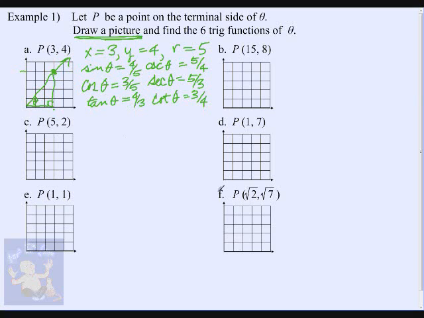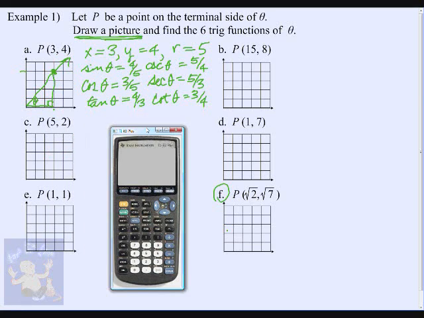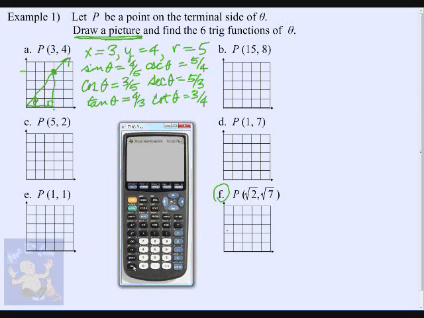Let's go down to f. The square root of 2. Now if I'm going to graph this, I kind of need to know what the square root of 2 is in decimal. I probably should know it by heart.